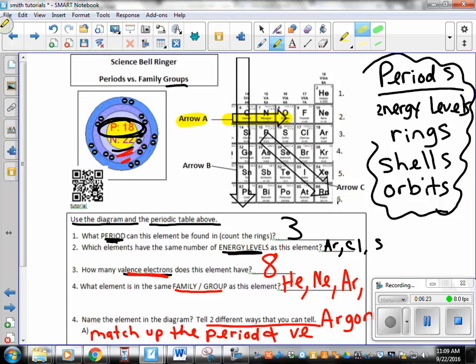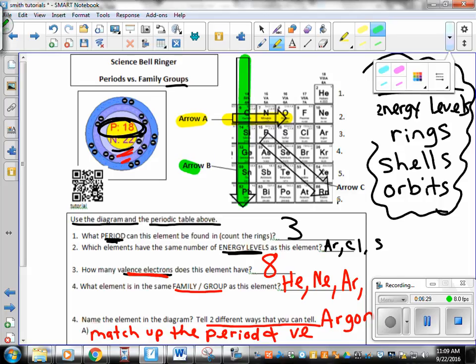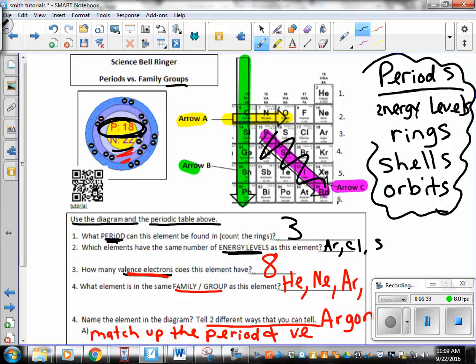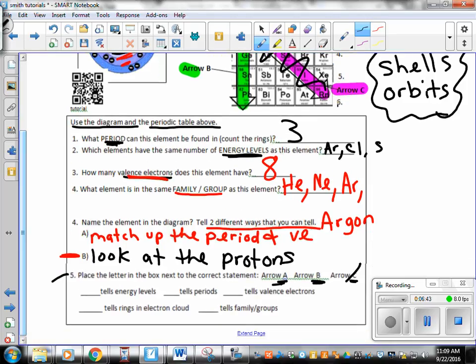I have arrow B is going down. And then let me get another color. I have arrow C going across. So I can tell you right now that diagonal means nothing on the periodic table. I'm never going to use answer choice C for the arrow C.